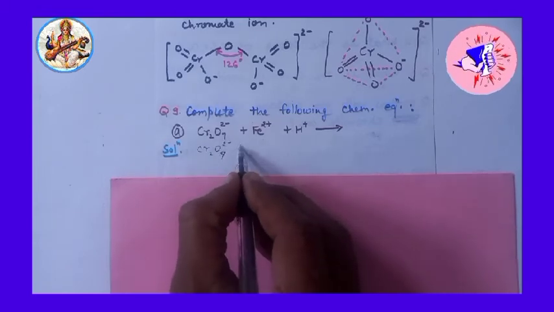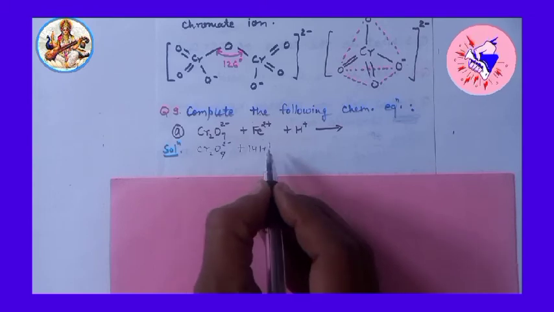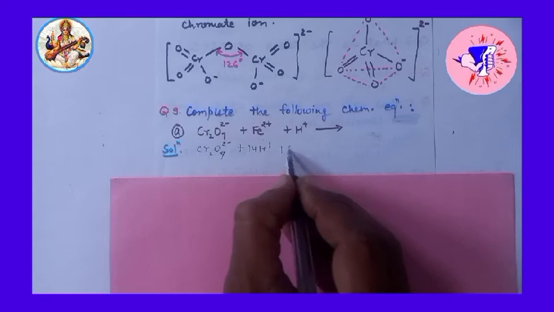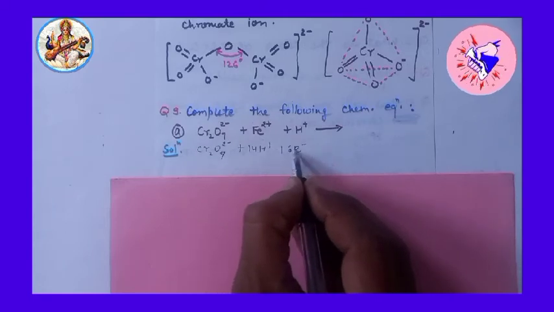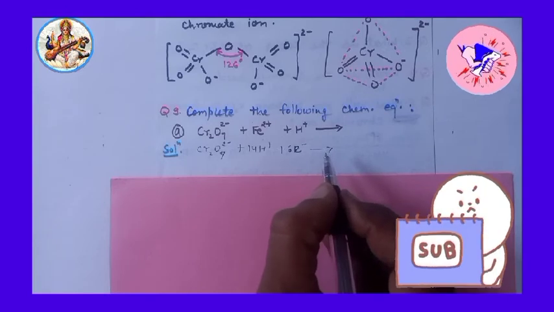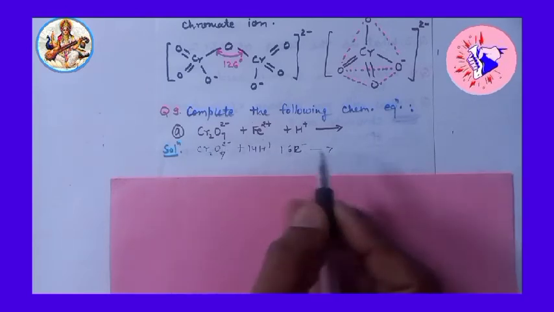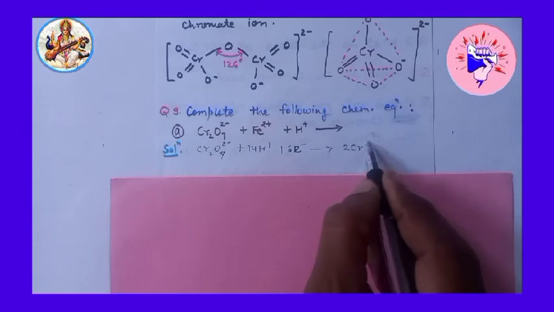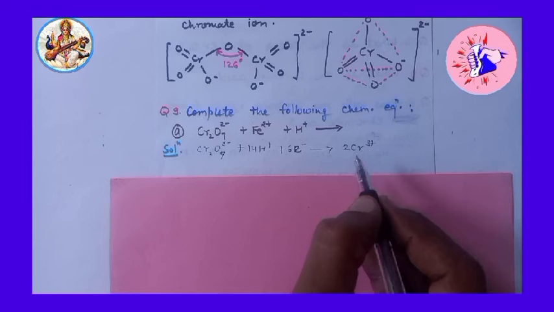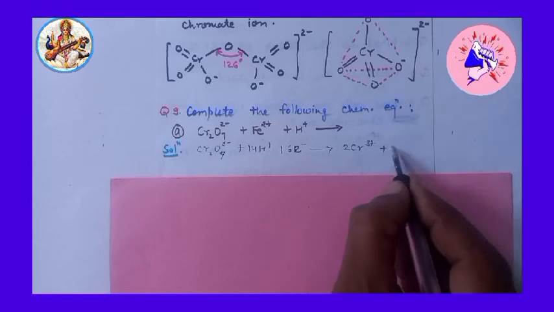Cr2O7 2- dichromate ion in acidic medium takes up electrons and gets reduced to chromium 3+ ions and acts as an oxidizing agent.